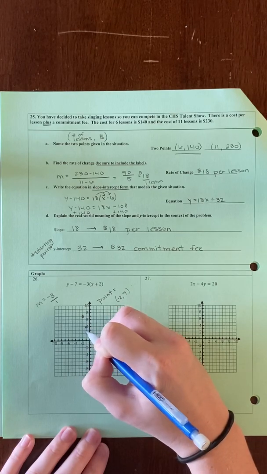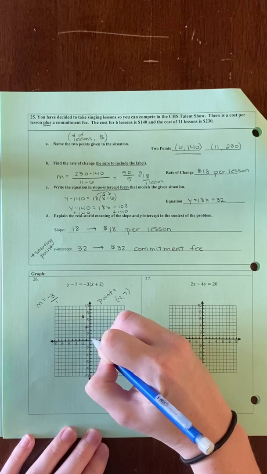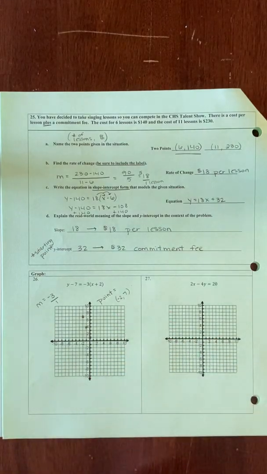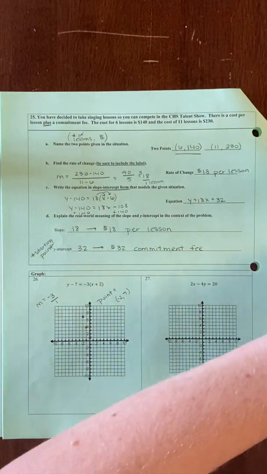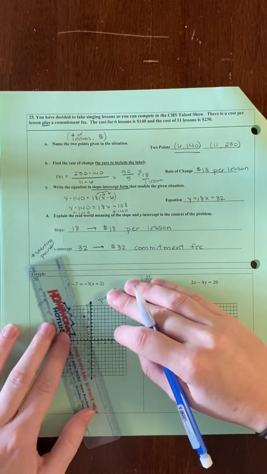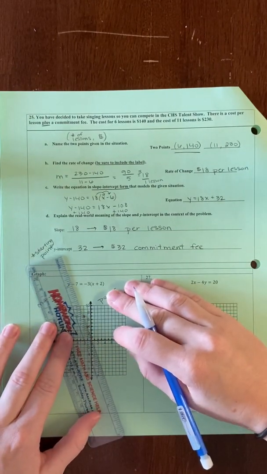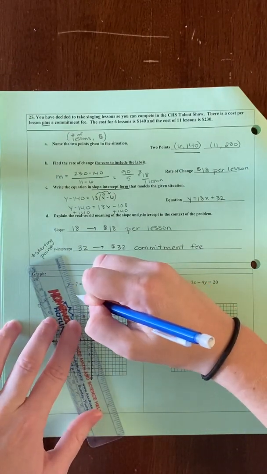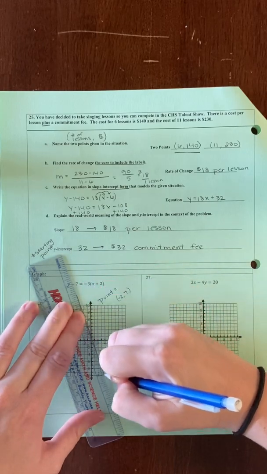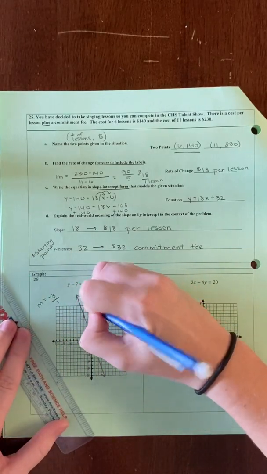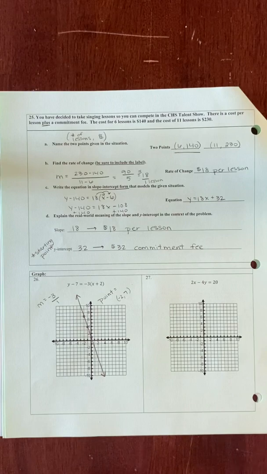And then again, down 3, right 1, and plot a point. Try to have at least 3 points, but you can have more if you'd like. And then I'll take my straight edge and I'm going to connect those points, extending beyond the points and including arrowheads. Okay, and that's the graph of that line.